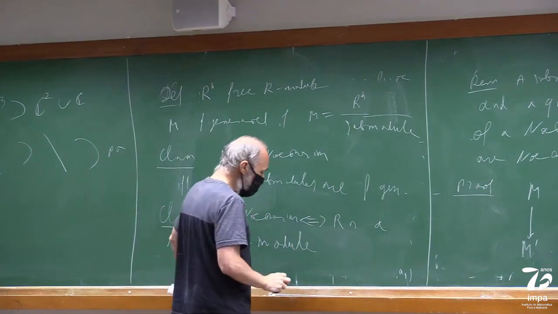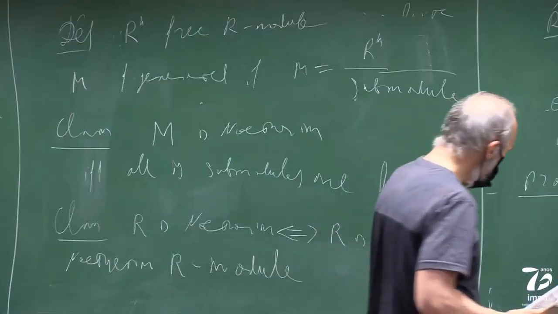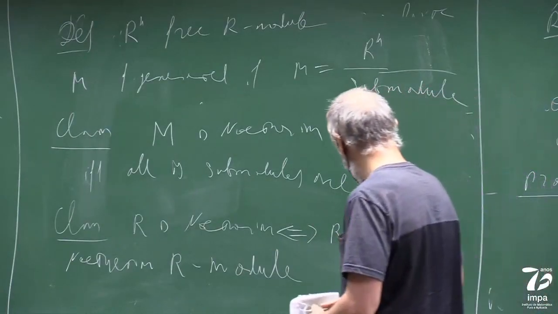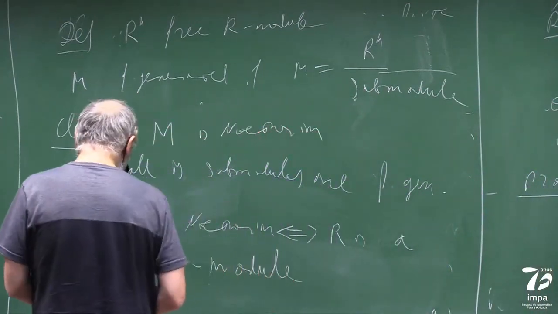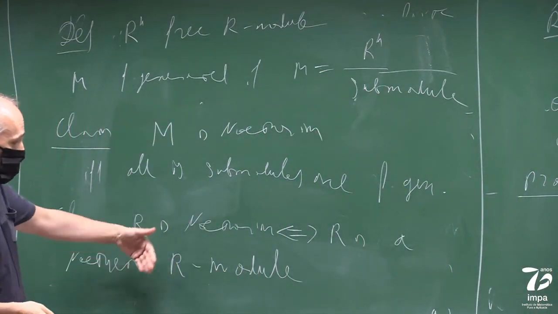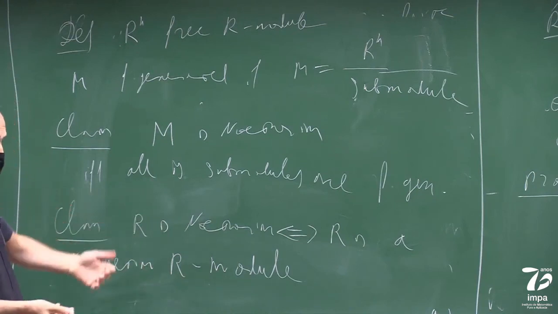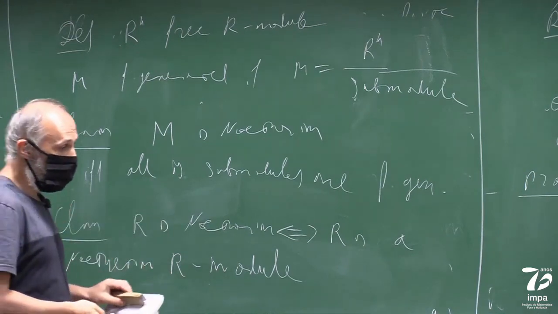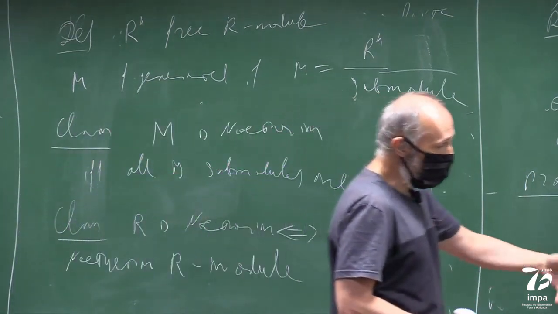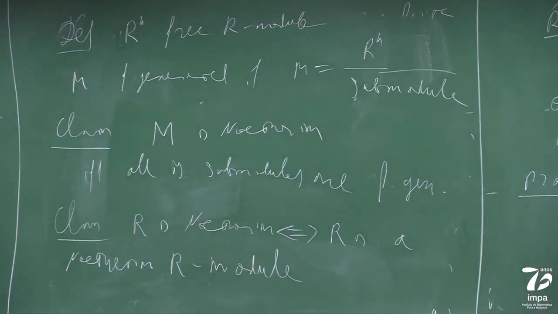To see that, you just notice that submodules of R as an R-module are ideals. So the chains of ideals are the same as chains of submodules, something we already discussed.